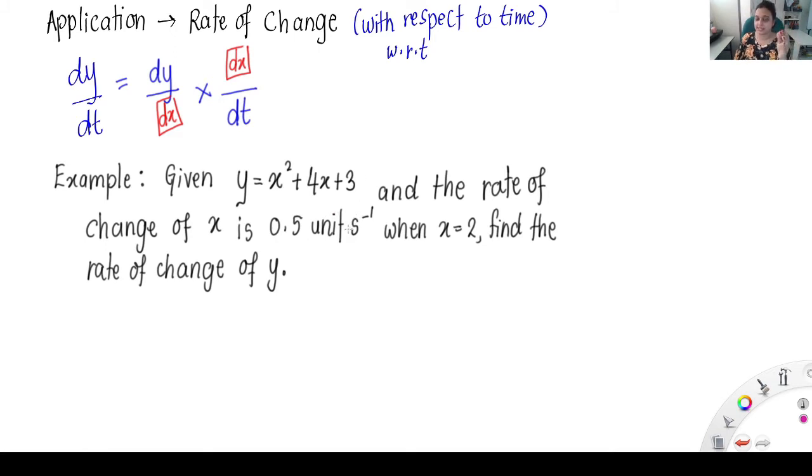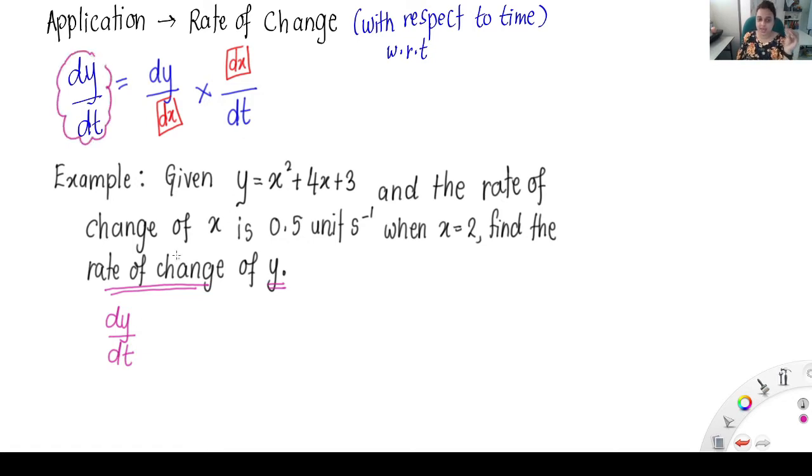Units per second means the change is happening every second, so 0.5 per second. When x is 2, find the rate of change of y. When they ask you to find the rate of change of y, that means they want dy/dt.